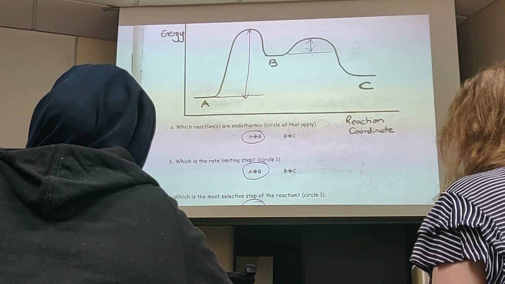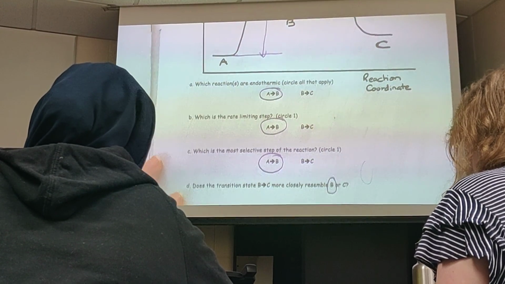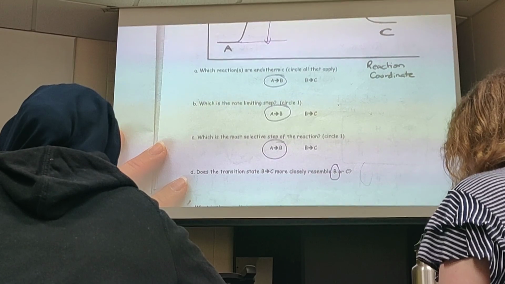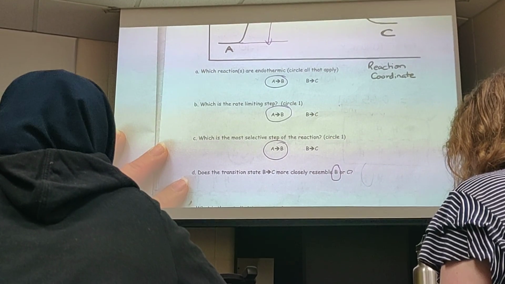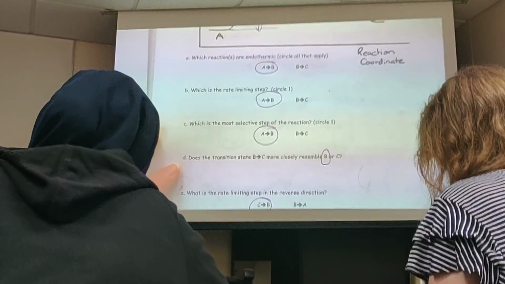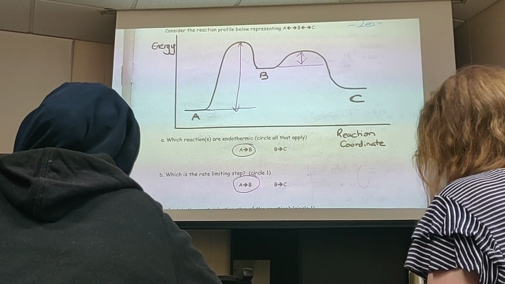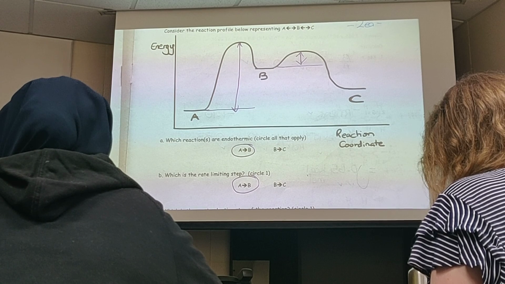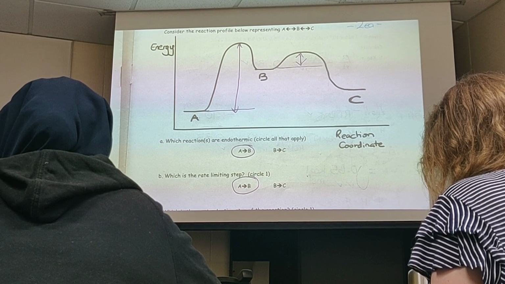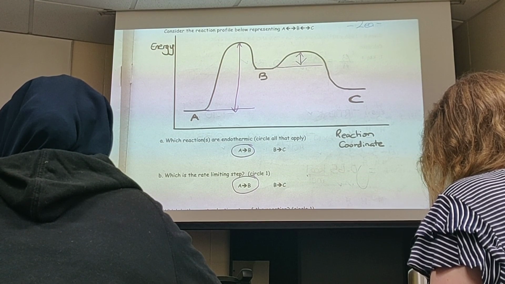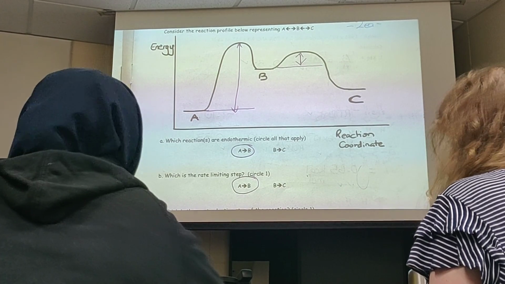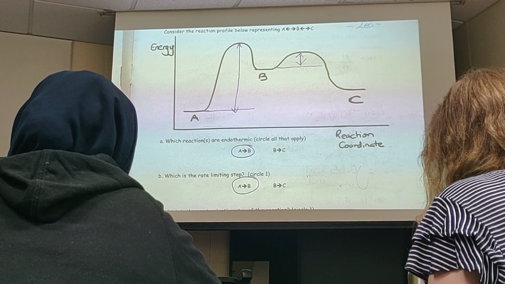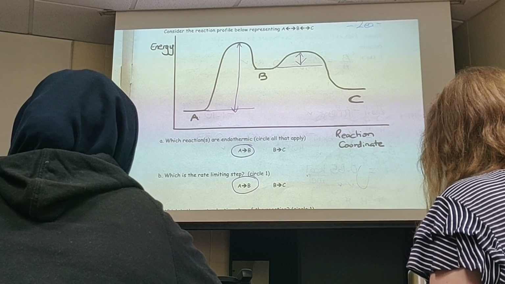A going to B. The most selective step is the one with the highest energy of activation. And remember the Hammond postulate that the transition state between B and C resembles the B because it's closest in structure, or closest in energy, okay?